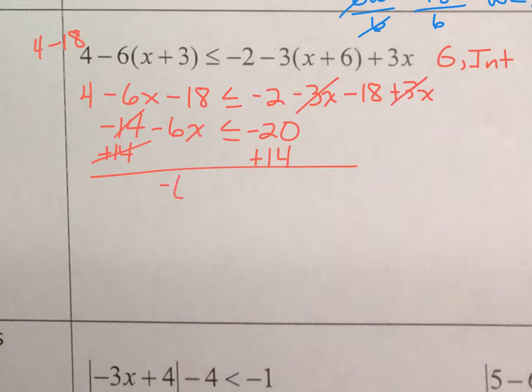So we have negative 6x less than or equal to negative 6. Class, what is my answer? Good. You guys passed the test, because when you divide by negative 6, you flip the sign. There you go. And we end up with x greater than or equal to positive 1.